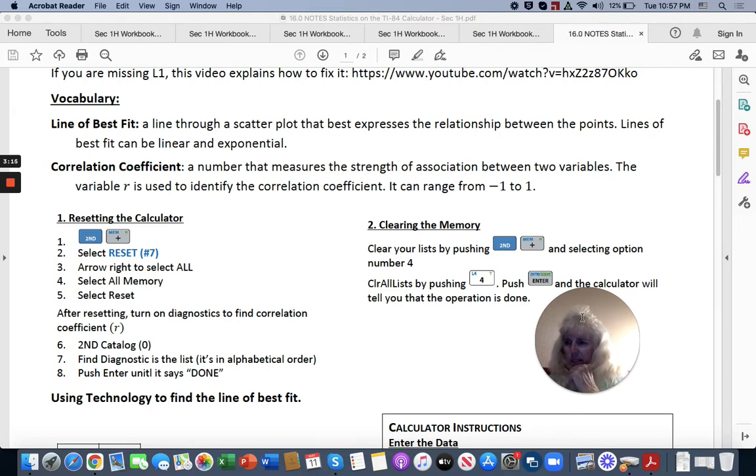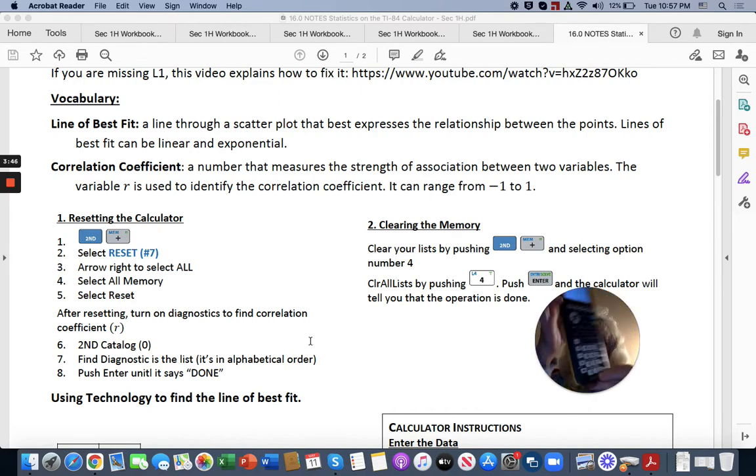I push second, the blue button, which is upper right here. Now catalog, so that's 0. See where it says blue right down here? Zero. Diagnostics is in the list.